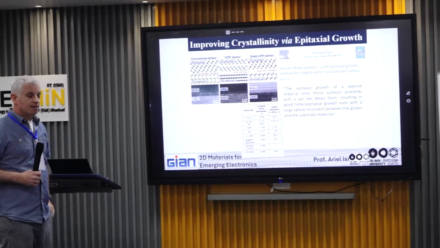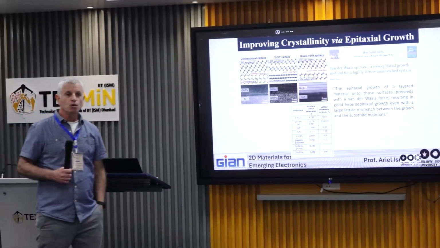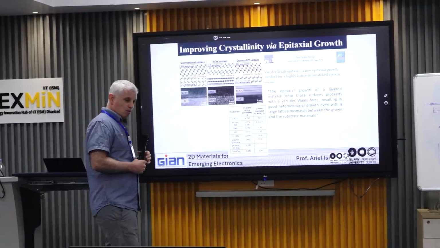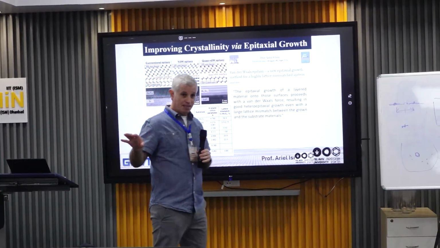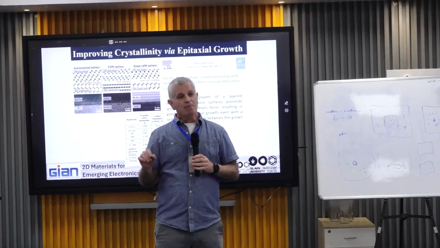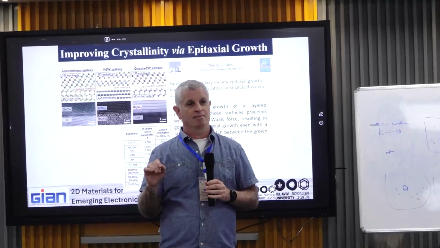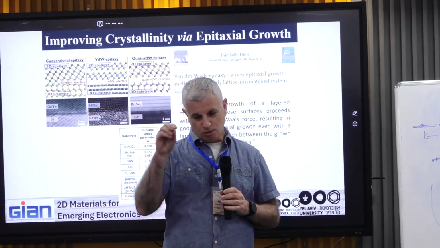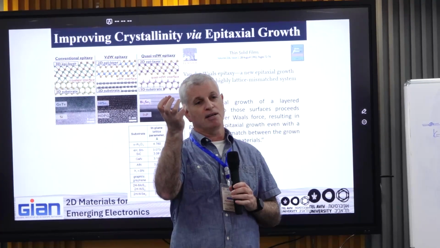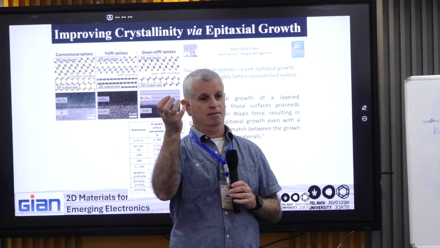I think today that what happens is that in order to grow, not only epitaxial, in order to grow on a 2D material, in my opinion, you need a defect. You need a defect to anchor the first nucleation stages.